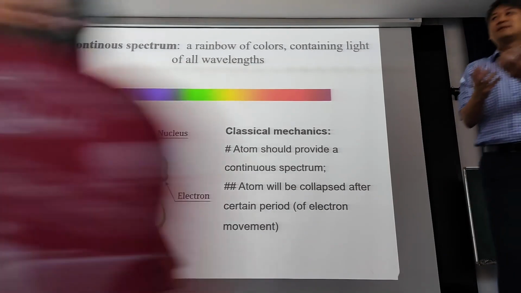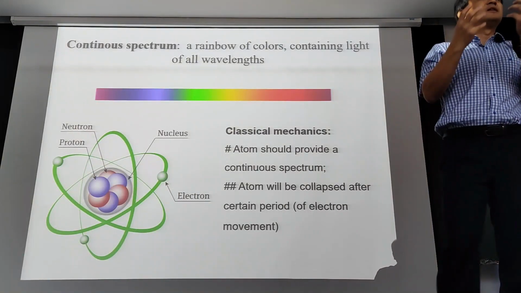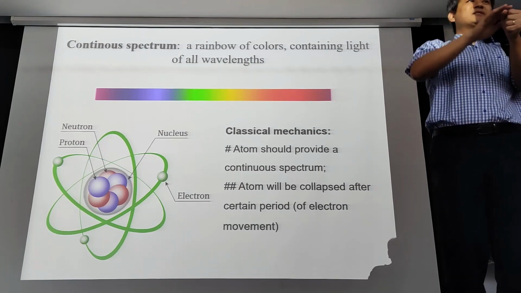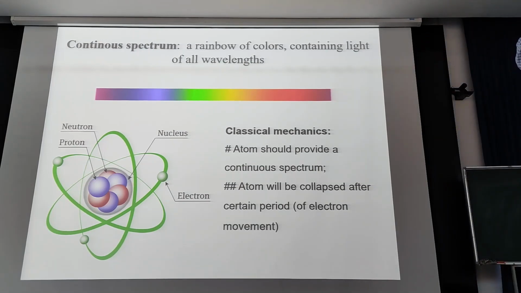Okay? Then the second thing is the law of conservation of energy. Imagine that here you have energy 0, the nucleus. You have an electron here at a higher potential energy, right? And then it gets closer, that means it goes to a lower energy, and lower energy, and lower energy, and becomes 0.